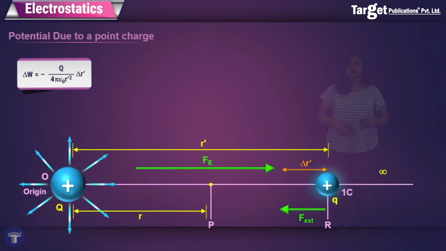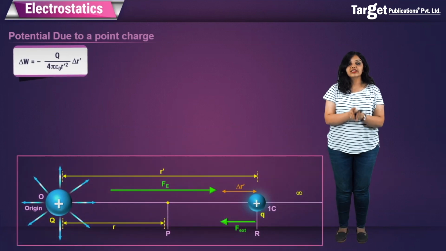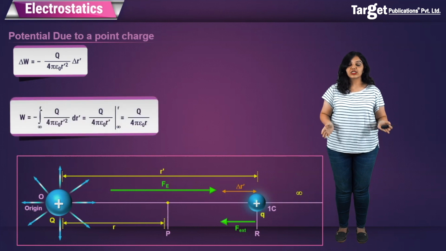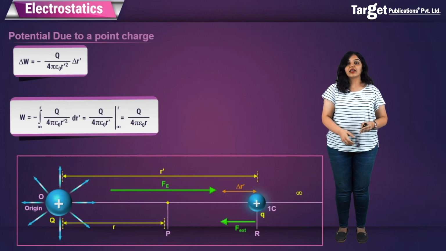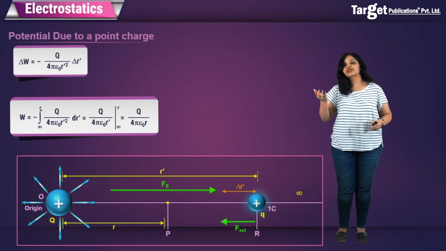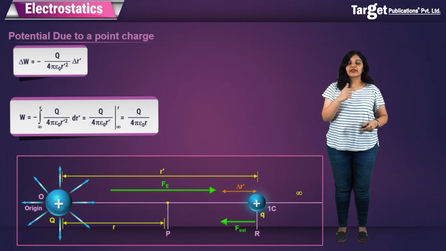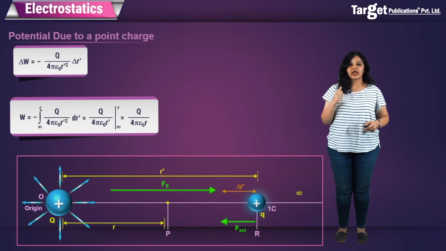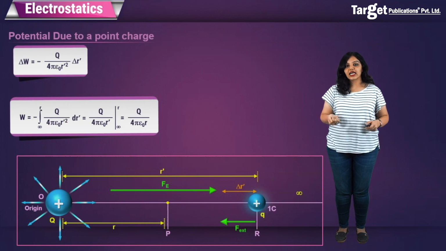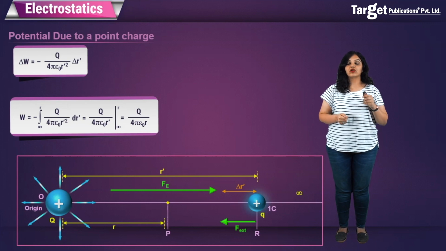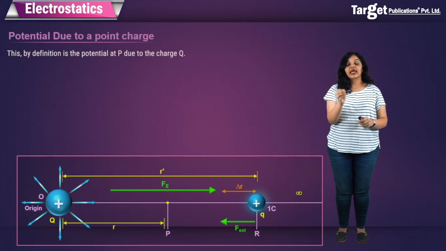Finally, if I want to find the total amount of work done, I will integrate this expression from infinity to R, because the final destination is the point P, which is at a distance R, and the initial destination is infinity. That means I am integrating minus 1 upon R dash square, which will become 1 upon R dash, and I will put the limits, infinity and R. Because 1 upon infinity is 0, I get that the work done is Q upon 4 pi epsilon naught R. And this is the expression that I want.